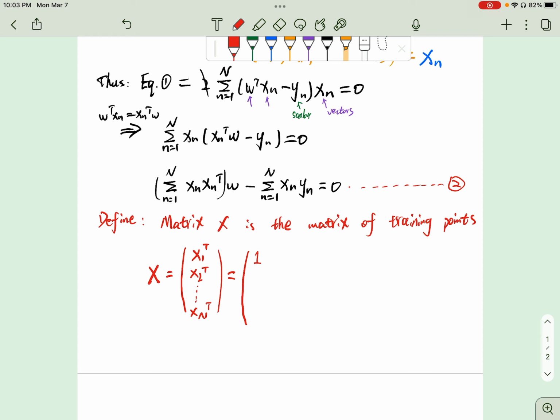is just 1. And then the next one is X11, and then X12.